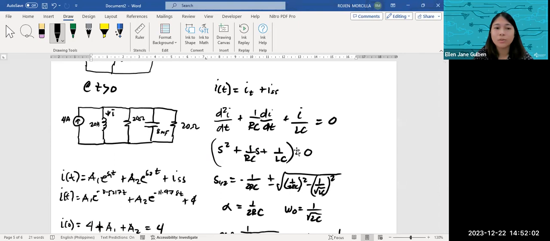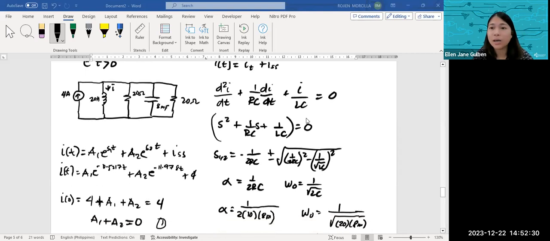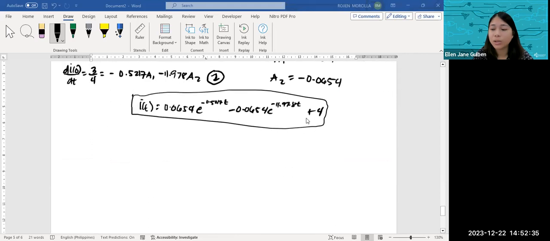Okay. We can actually solve for the iR based on the inductor voltage. So the inductor voltage VL is equal to L di dt.